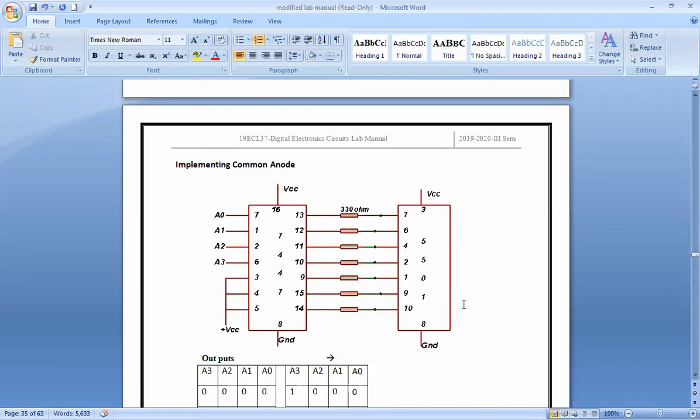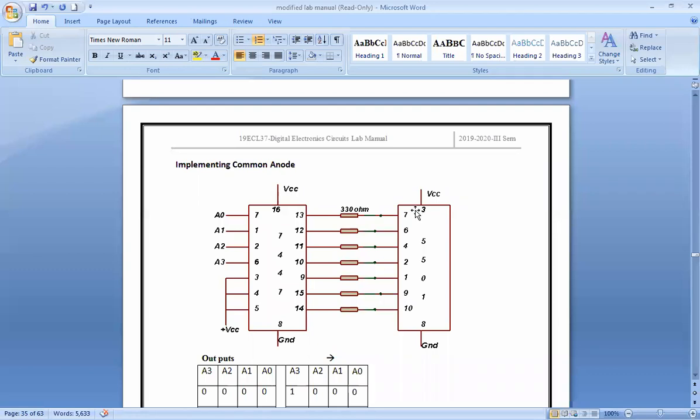In between, we connect a 330 ohm resistor, which is inbuilt. The reason why we use a resistor is because these LEDs do not require such high voltage. They need very low voltage, and hence these resistors will drop the voltages, and we will get a small voltage across this IC.